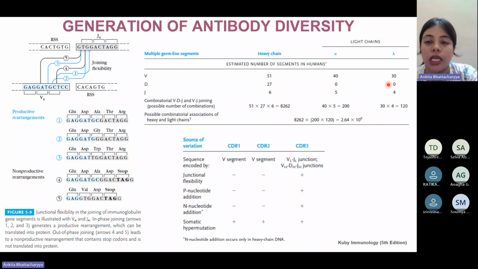90% of the time. So what you see here is a representation of the different frequencies of germline segments V, D, and J. The estimated number in humans in the heavy chain and in the light chains have been shown for each of the gene segments V, D, and J. The combinatorial VDJ and VJ joining will show you the possible number of combinations.